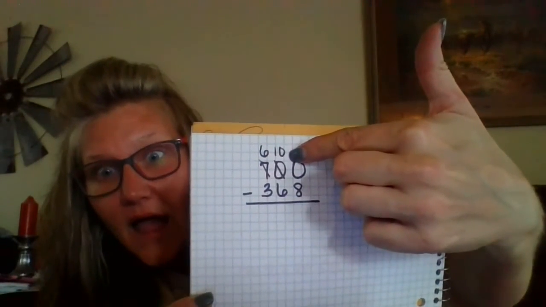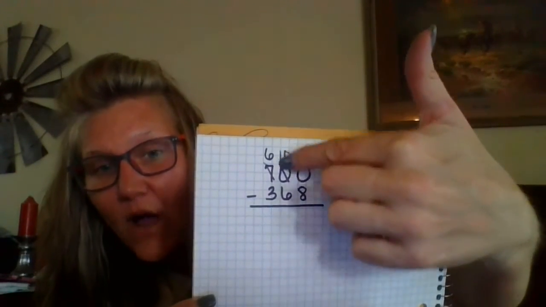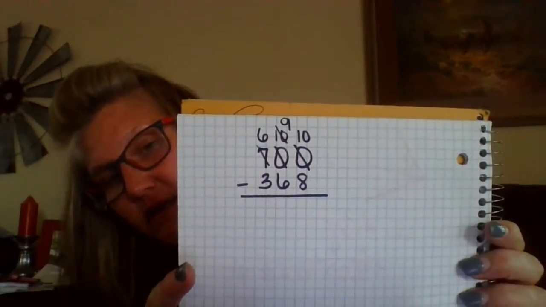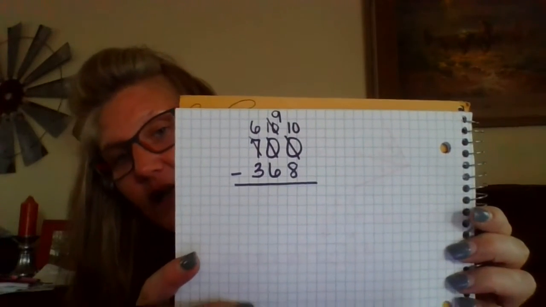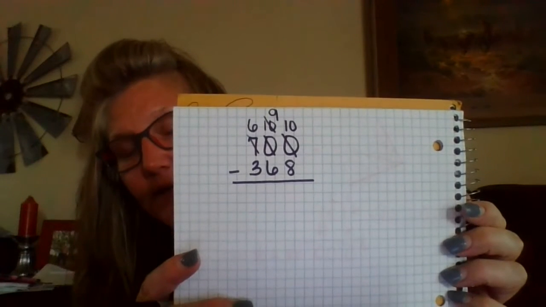So I'm going to take 1 away from that 10 now, and that becomes a 9. And that 0 in the ones place becomes a 10. Okay? I know this is confusing, but we just keep doing it, and we'll get it.